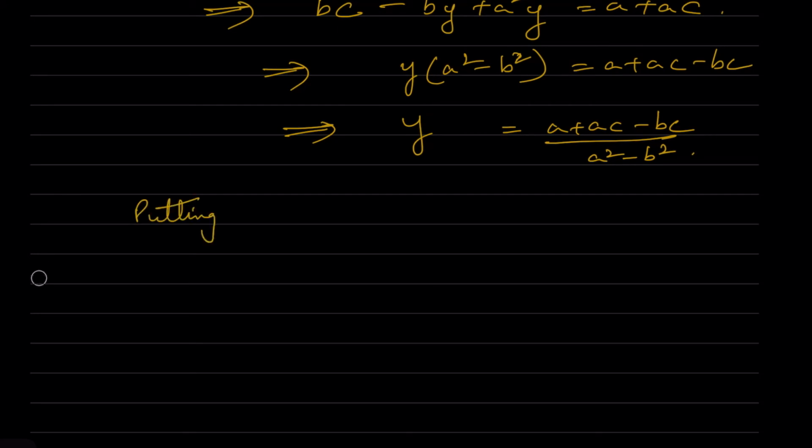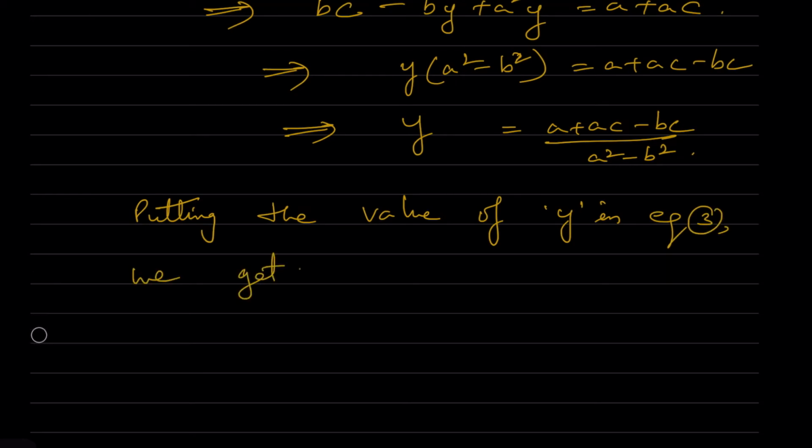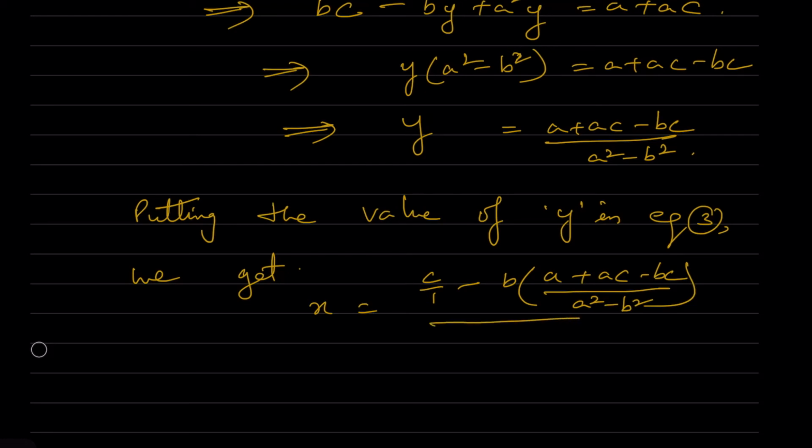Now putting the value of this y in equation 3, we get, what do we get? We'll see. x is equal to c by 1 minus b into a plus ac minus bc by a square minus b square by a.